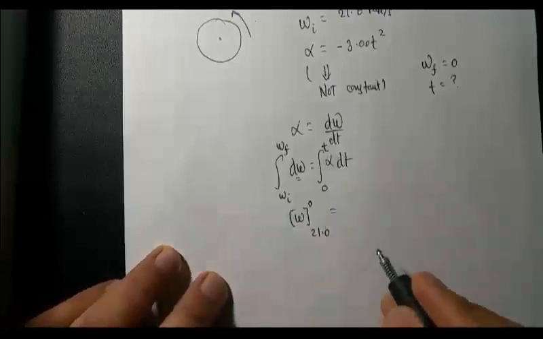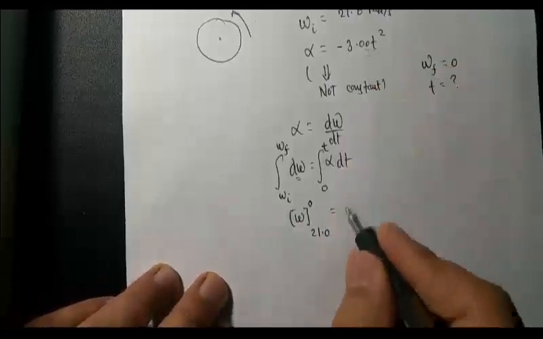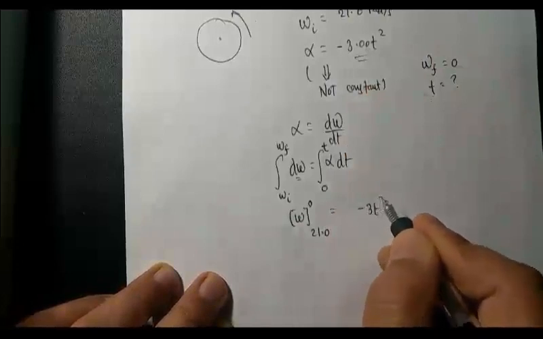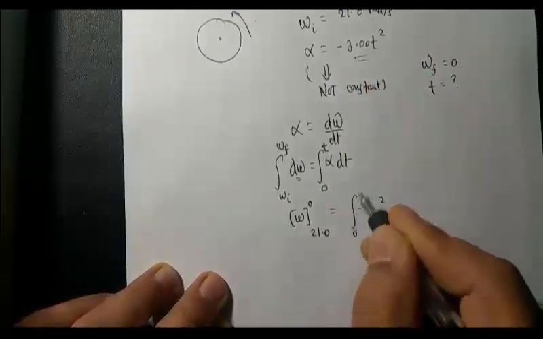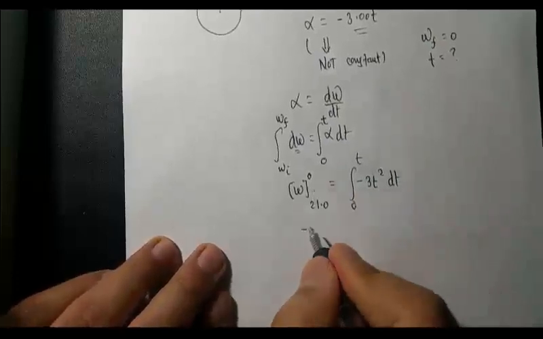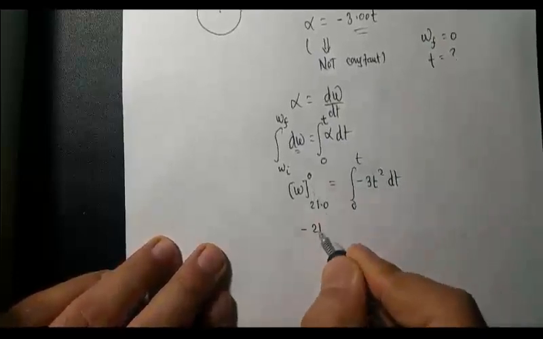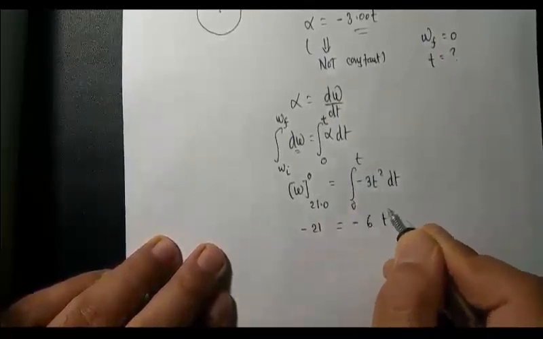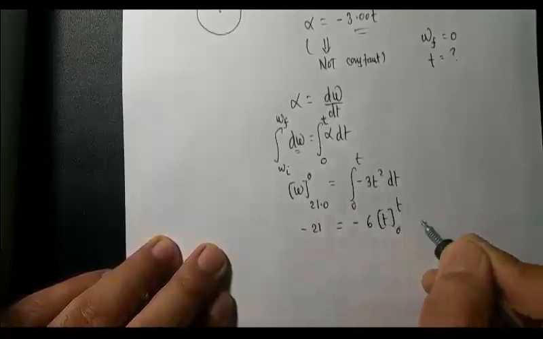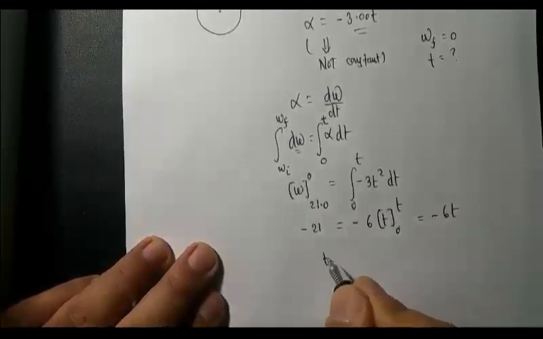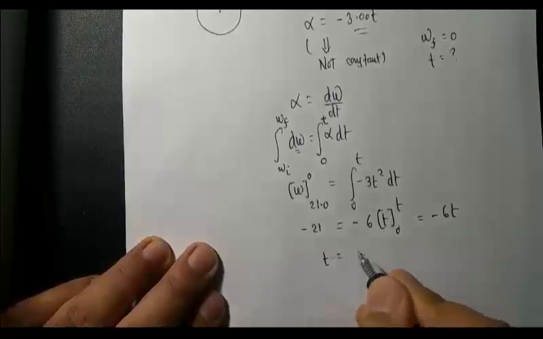And here you are just integrating this alpha function, which is negative 3t squared, from 0 to t. So this will give you 0 minus 21, negative 21, and this is going to be 6t, negative 6t. So t is then 21 over 6.